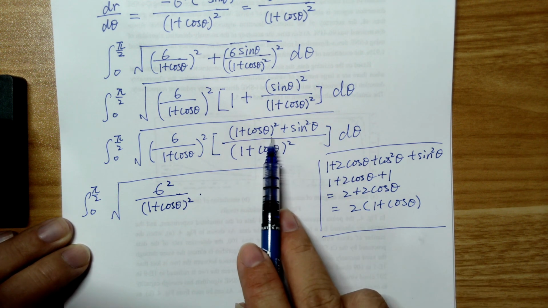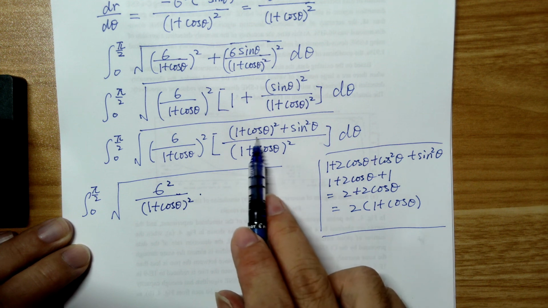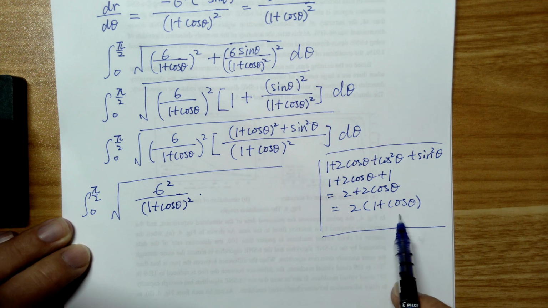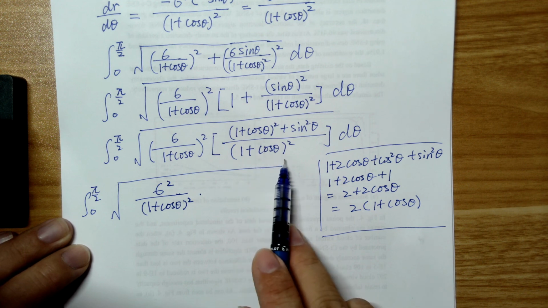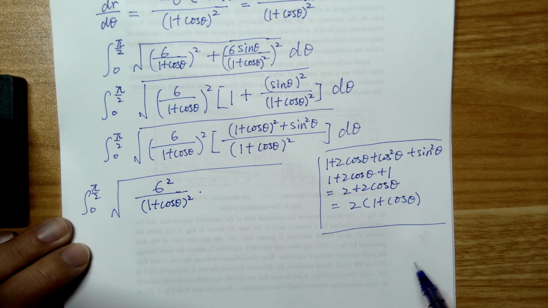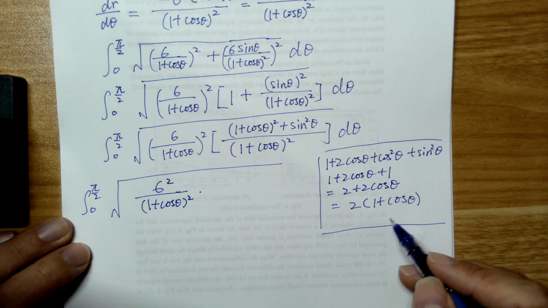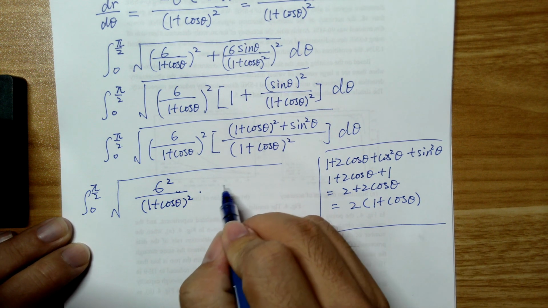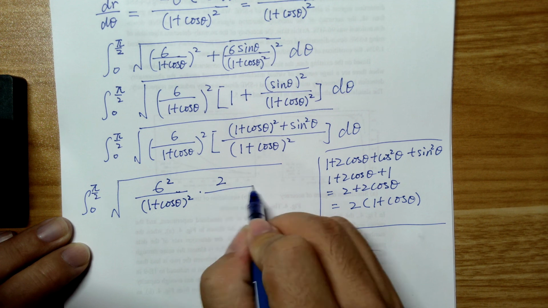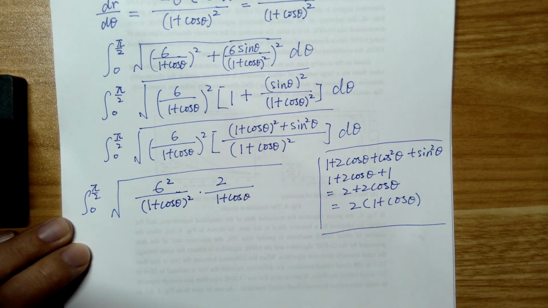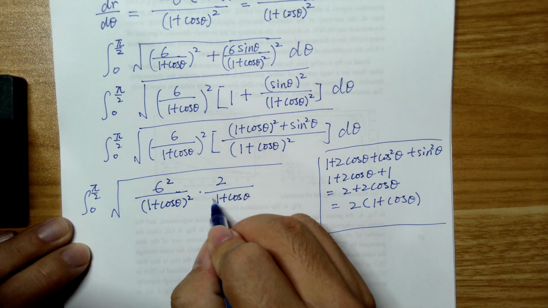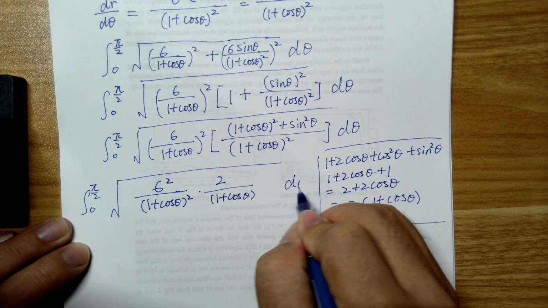Realizing that on the top here it's 2 times 1 plus cosine theta, and the denominator is 1 plus cosine theta squared, basically 1 plus cosine theta can be simplified. So it turns out you're going to have 2 over 1 plus cosine theta. So that's the simplification so far, d theta.